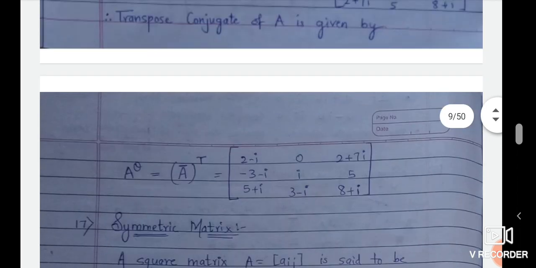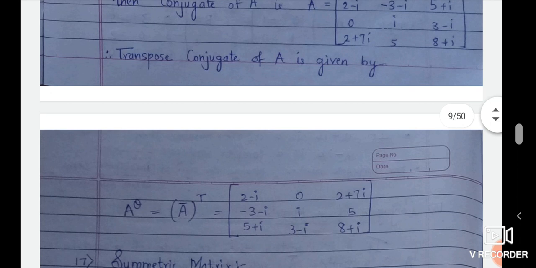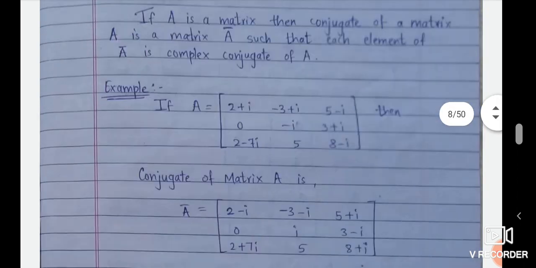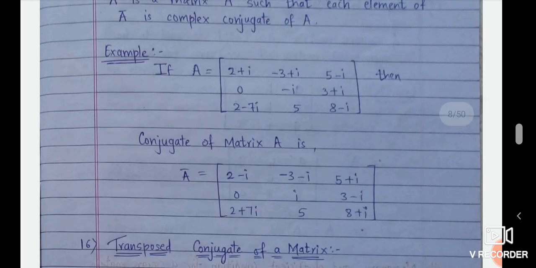Transpose means just interchange the columns and rows. The first row elements were 2 minus i, minus 3 minus i, 5 plus i. Now they are in the first column of the transpose matrix. The transpose conjugate of a matrix is denoted by A raised to theta, and simply the conjugate of a matrix is denoted by A bar.